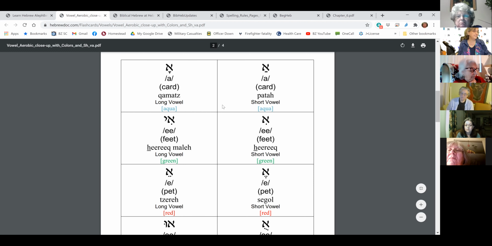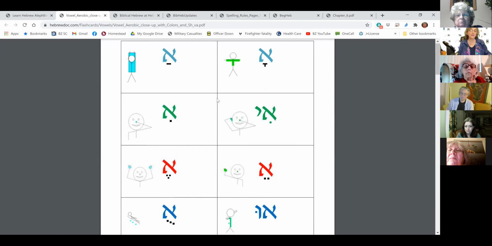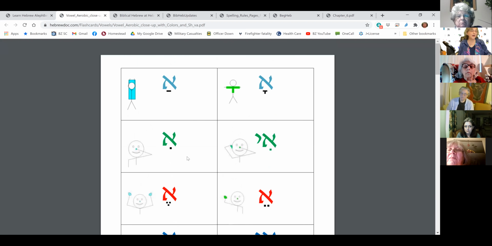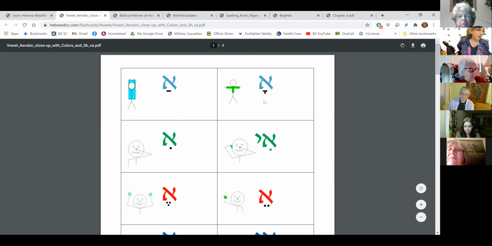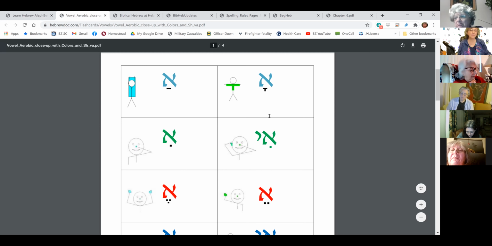Even if you're looking at them here, they're always going to be in a column, so these are always going to be the short vowels and these are going to be the long vowels. When I say always, in some of my charts the long vowels may be on this side and the short vowels may be on that side, and it may be confusing that when you get to the back side, they flip.